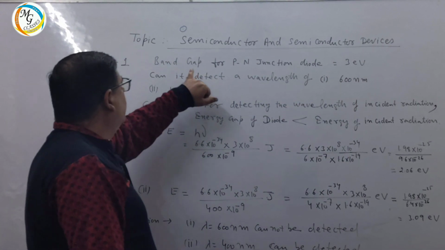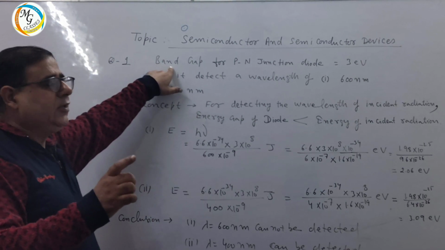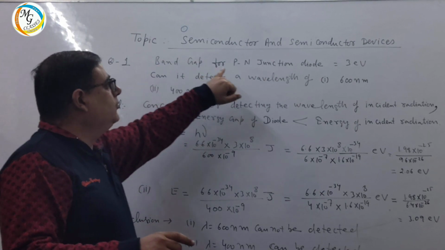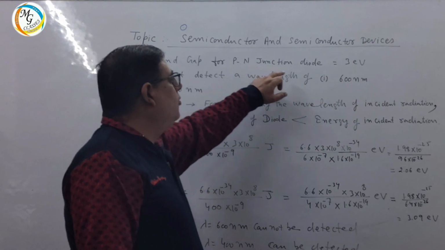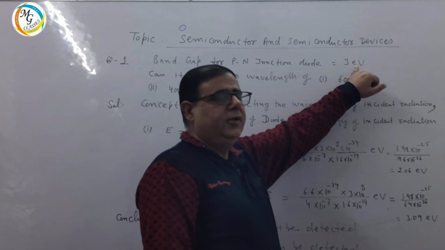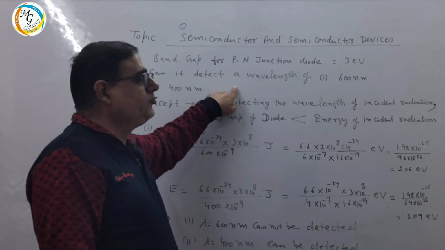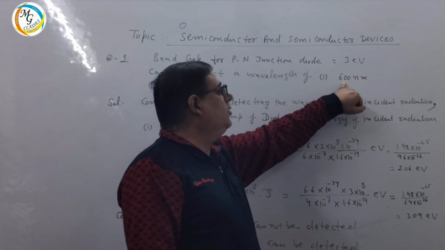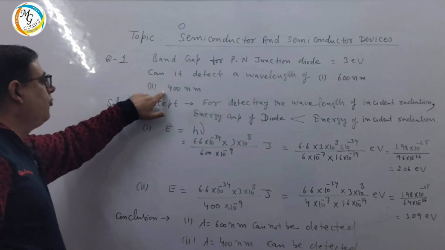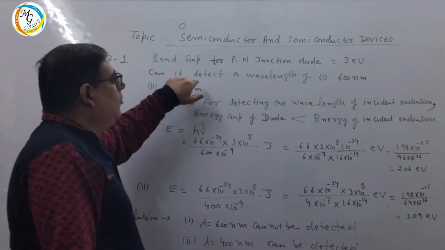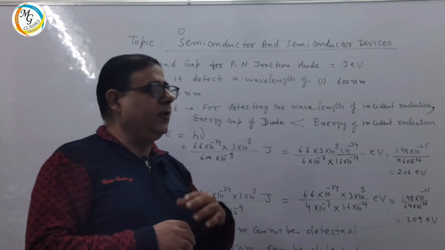For example, here in the problem, the band gap, that is the energy gap between valence band and conduction band, for a p-n junction diode is equal to 3 electron volt, and we want to detect two different wavelength radiations, one whose wavelength is 600 nanometer and another whose wavelength is 400 nanometer, with the help of this diode. So what is the basic idea behind this problem?